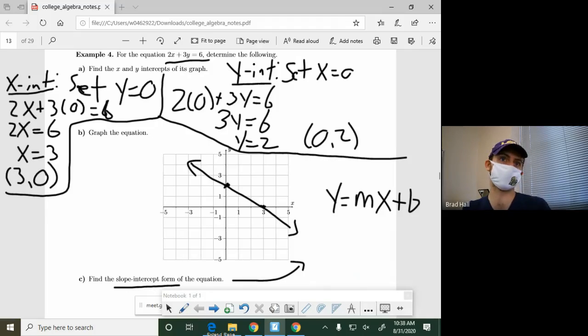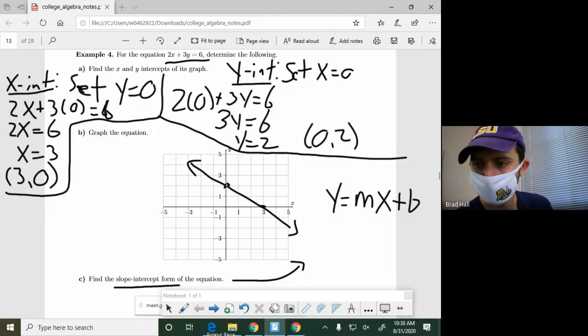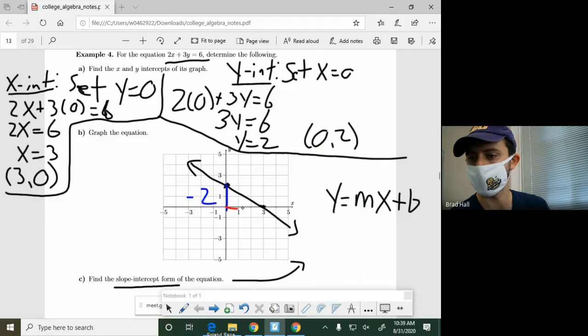We have a graph. So how do we find the slope given a graph? We use rise over run. In blue, that's the rise, which seems to be -2. The run seems to be +3.